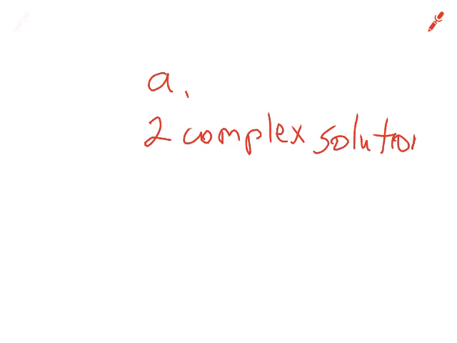Complex solutions and imaginary solutions are the same thing. If you're going to say we have imaginary solutions, they always have to come in pairs. So we have 2 complex solutions. And that's basically all you have to do for part A.